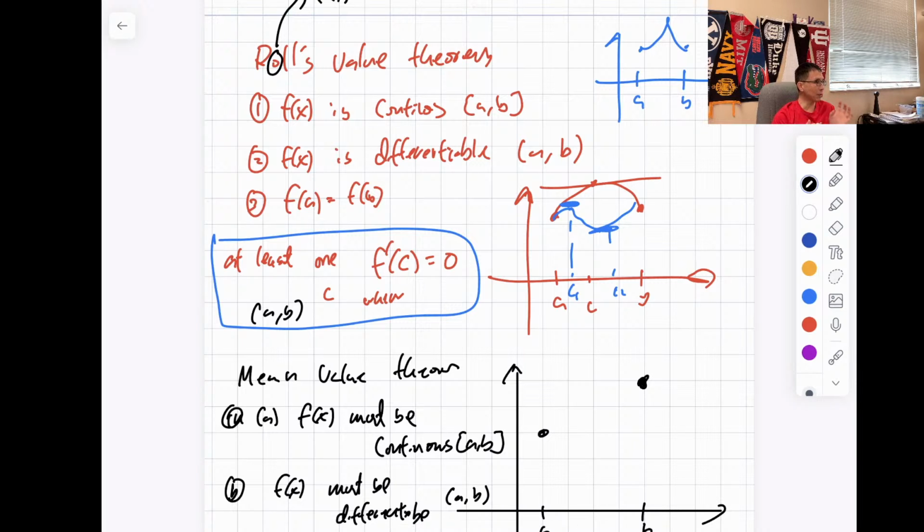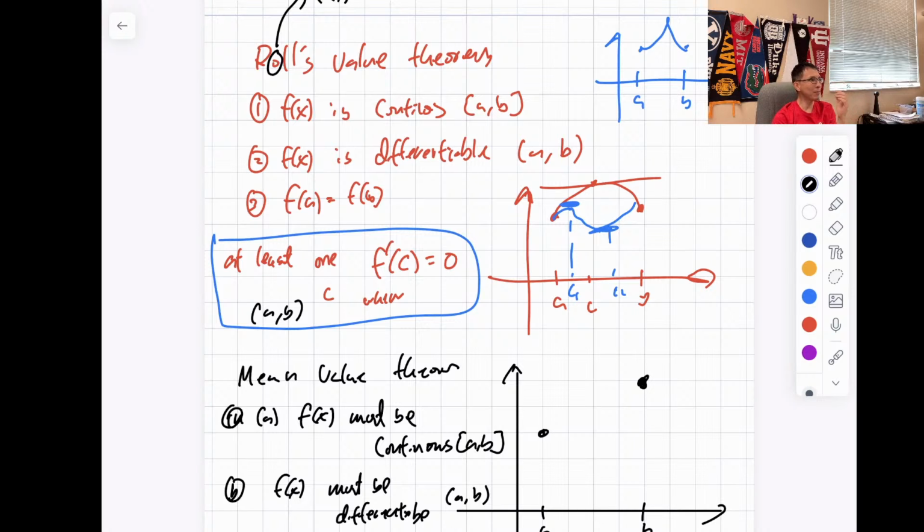Especially for computation questions, sometimes you get two c values, and one c is at an endpoint. The c point must be excluded if it's on an endpoint. So make sure if you're doing computation, don't include the endpoints. Does that make sense?